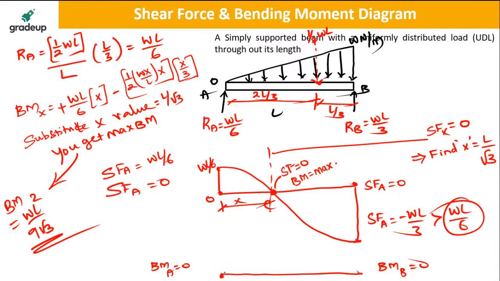So here it is 0. It will go up. This is L by root 3, and this is equal to WL square divided by 9 root 3.